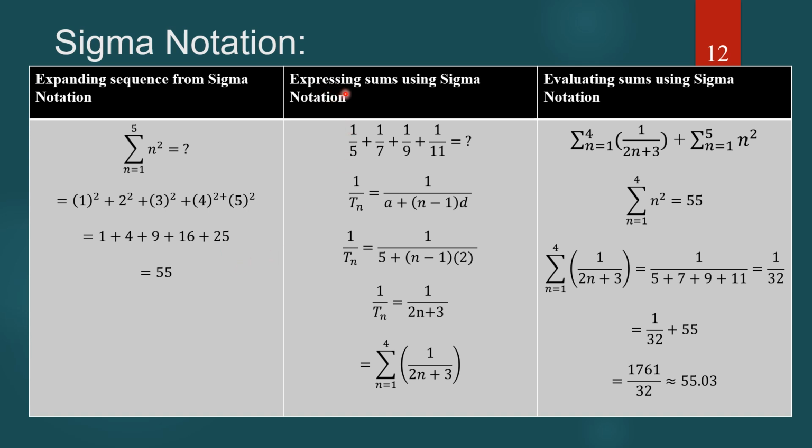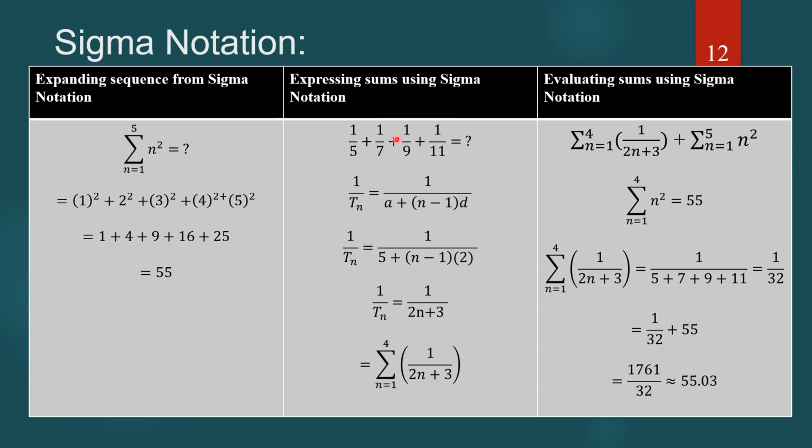So, expressing sums using sigma notation, we have an exemplary sum here: 1 over 5 plus 1 over 7 and so on. If we were to show this sum using sigma notation, we would first want to find the general term of the sum.